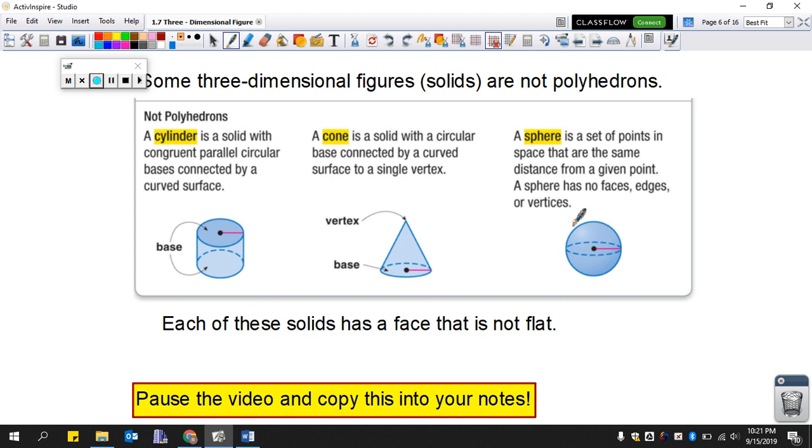And then you have a sphere, which is a ball. So each of these solids here, all three of these solids here, have faces that are not flat, as well as having a circular base for the cylinder and the cone. So pause the video and copy this information into your notes as well.